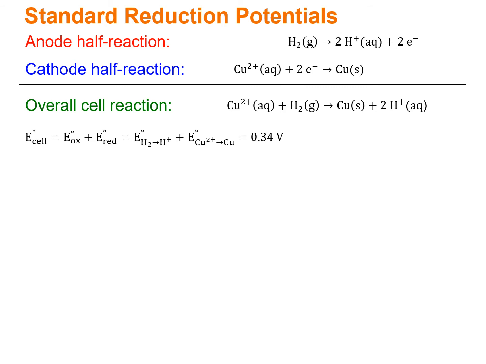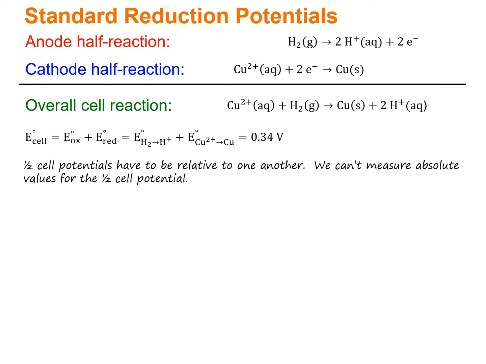One of the key things is we could measure this difference and determine it, but we don't know absolute values for these things. So we always have to measure these cell potentials relative to one another. We can't measure absolute values, and that's perfectly fine. It's not as much of a problem as one might think at first. We just have to make a baseline.